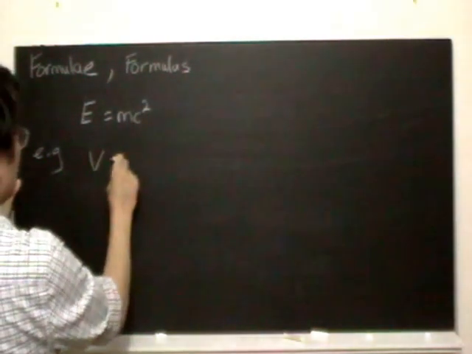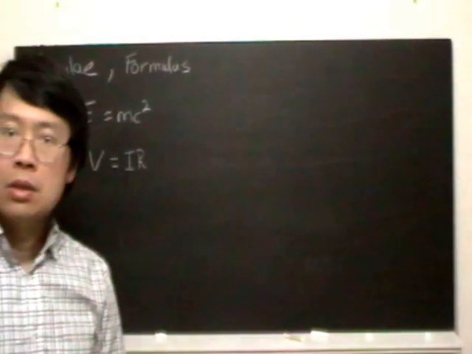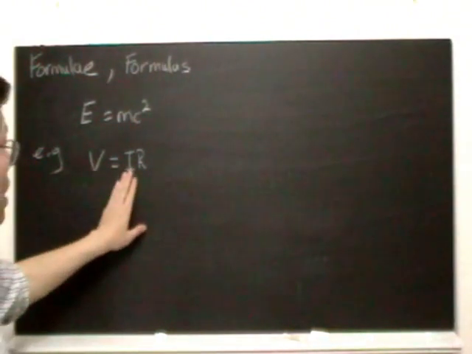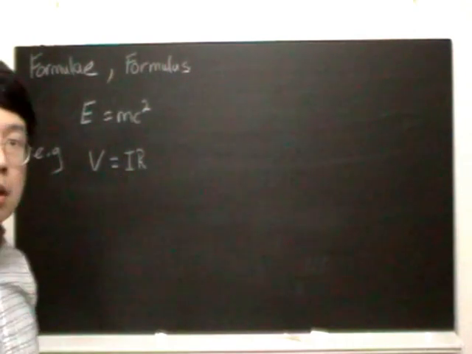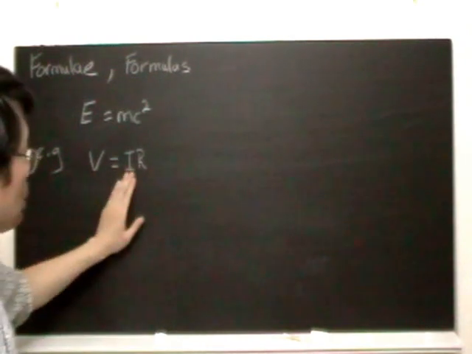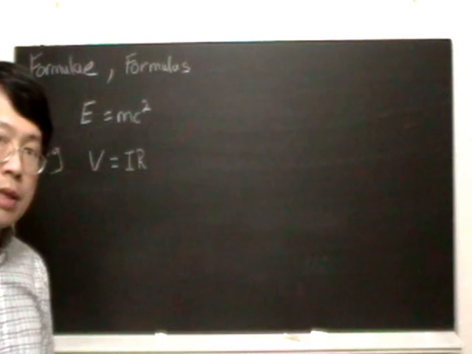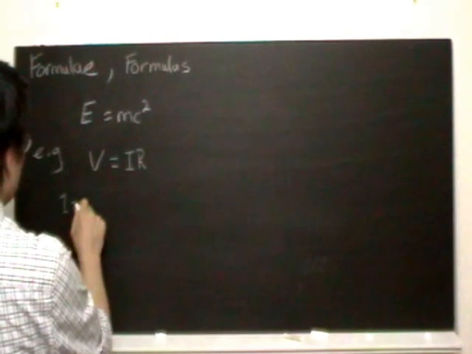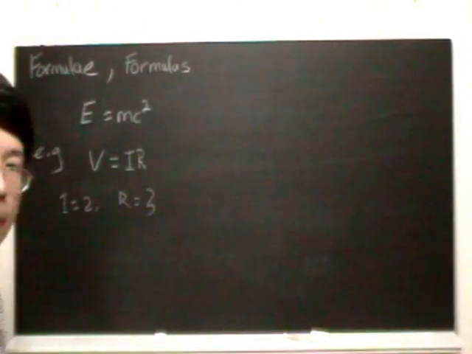Let's look at V is equal to IR. In this formula, we have three symbols, V, I, and R. And V is expressed in terms of I and R. V is actually equal to I times R. So, suppose that we are given I is equal to 2, R equals 3.